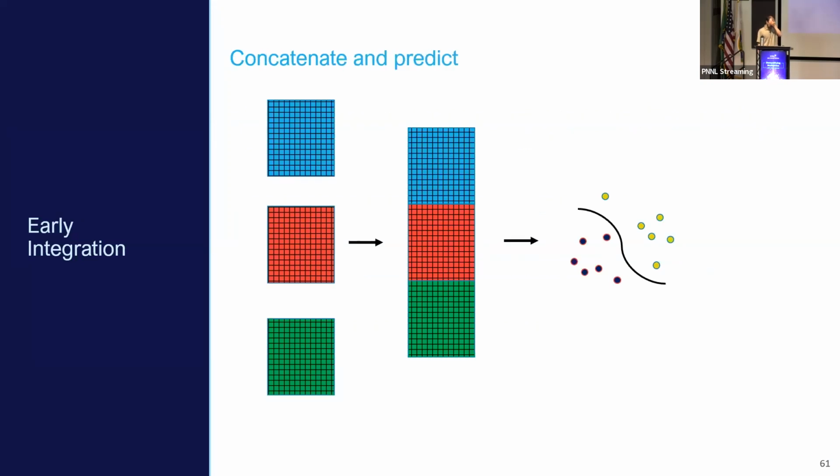Your machine learning algorithms have a tendency to look at your big concatenated data frame and say, I'm just going to do whatever I can. You've said the blue, green, and red, the proteomics, lipidomics, metabolomics, are all important in determining the outcomes that we see. The machine learning model says, yeah, that's great, I can do all that with just the red. And that's not what we want.